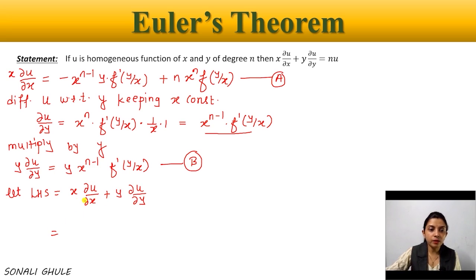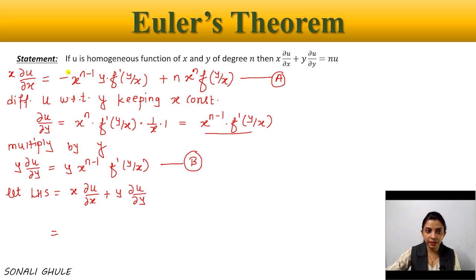Now we have the value for x into dou u by dou x. What is the value for x into dou u by dou x? This one. Take here. Okay. And what is the value for y into dou u by dou y? This one. So you can check here, if I add these two equations together, this term and this term are both the same, but their signs are opposite.